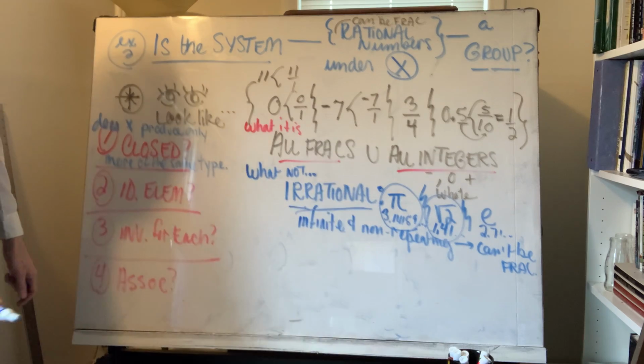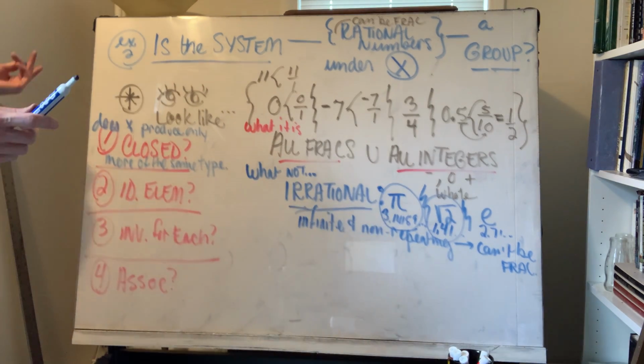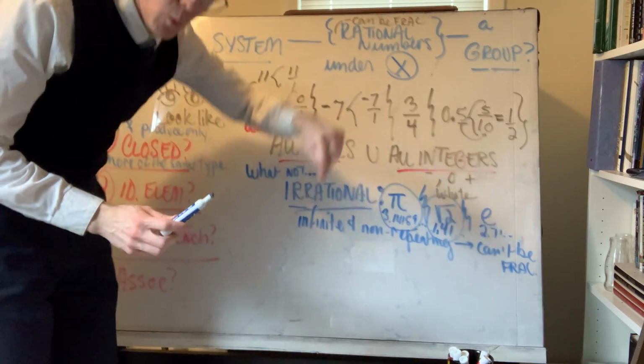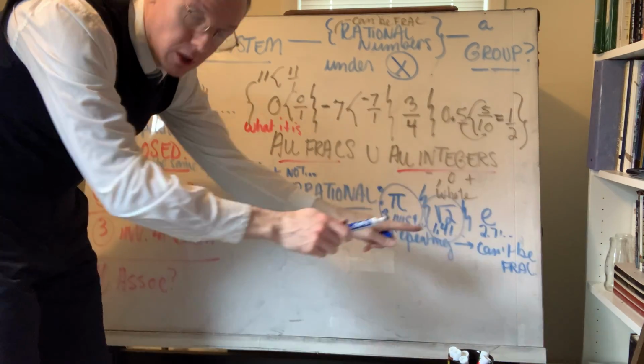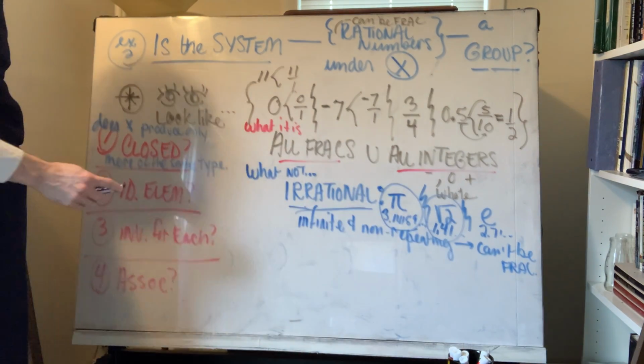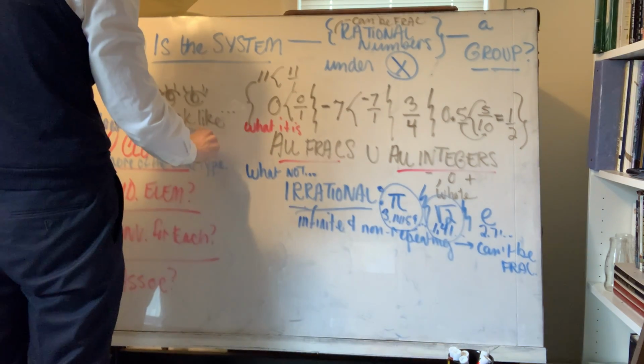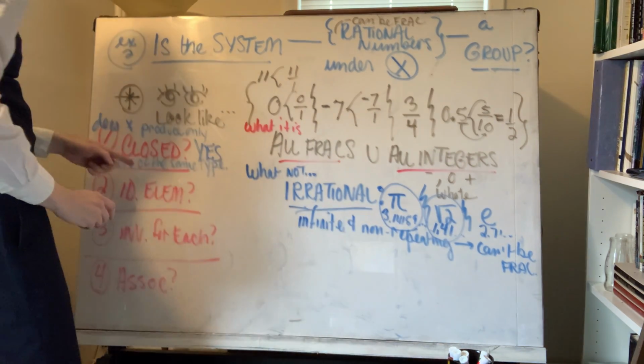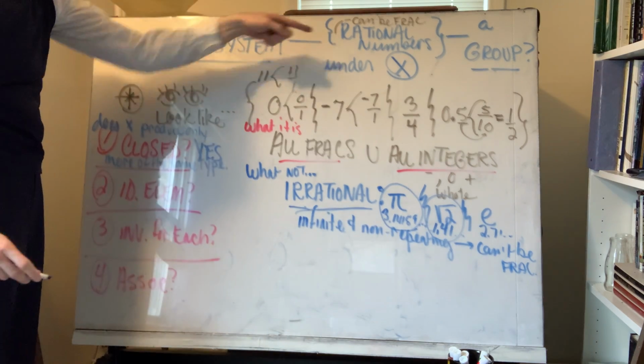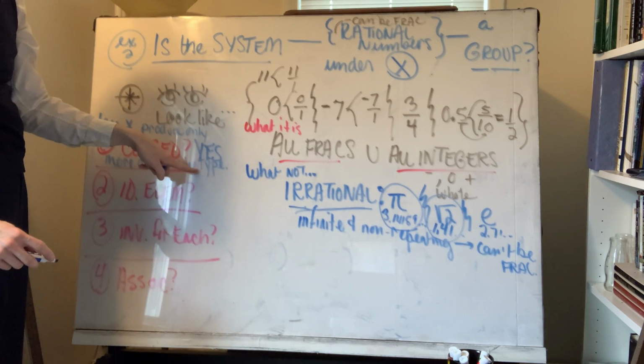In other words, if you multiply rational numbers, will it produce more rational numbers? And the answer to that question is, in fact, yes. Multiplying rational numbers only produces more rational numbers.